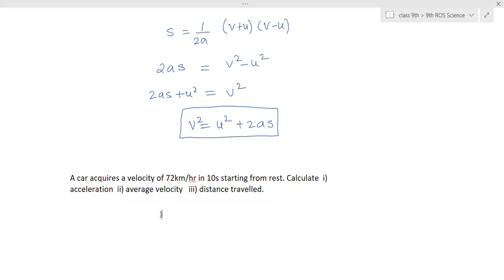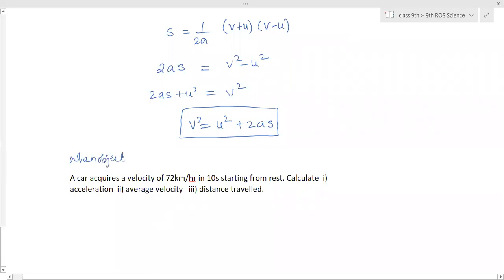So remember one thing, whenever the object starts from rest, in that case, initial velocity is 0.